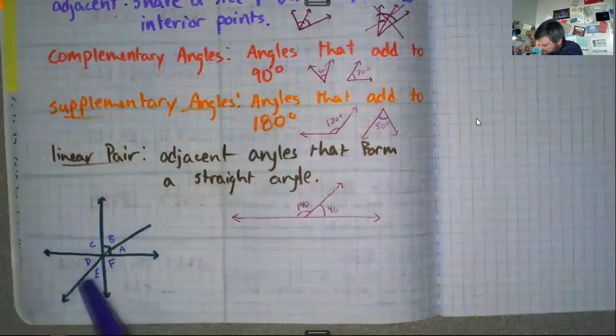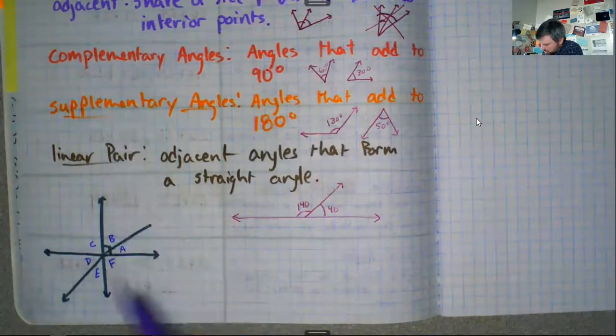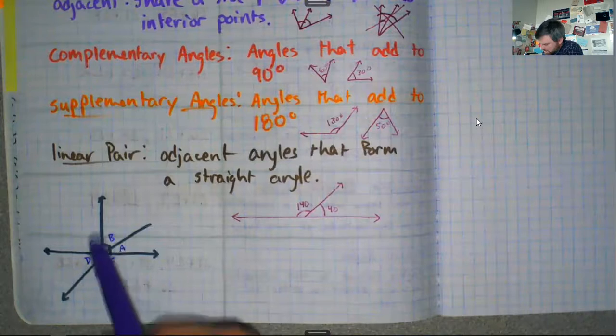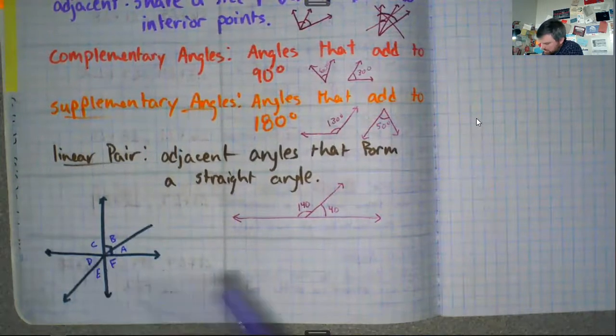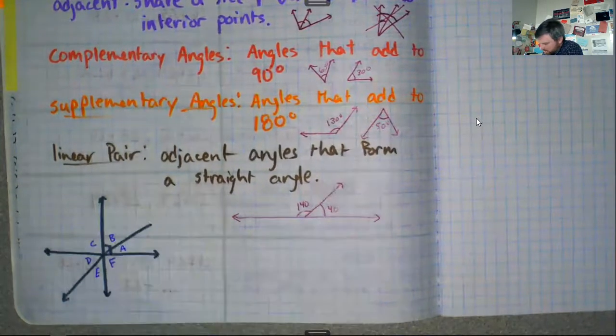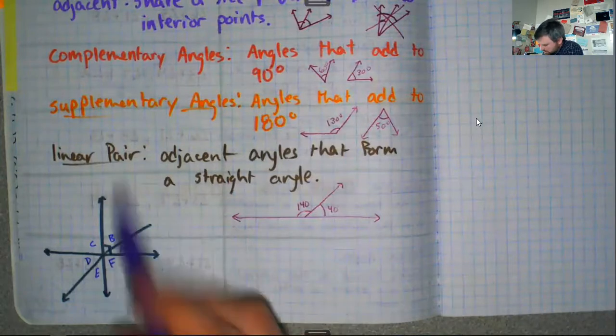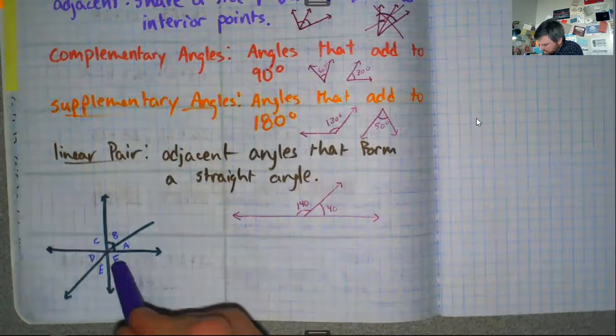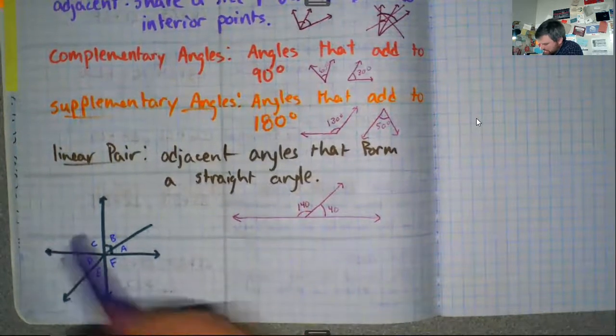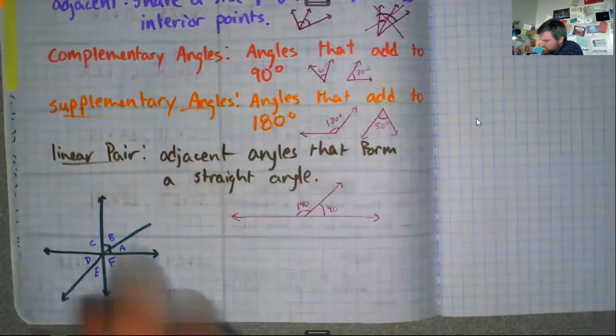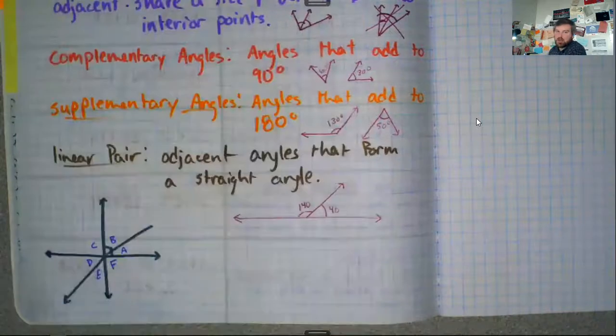Well, E and F are adjacent. Name a pair of complementary angles. Well, A and B are complementary because they add up to that 90 degrees. Name a linear pair. Well, I don't think on here I have one pair, but supplementary angles, that would be F, E, and D. They add up to 180. So it's finding these angle types on a picture like that.